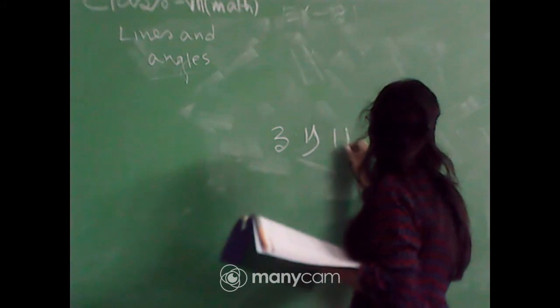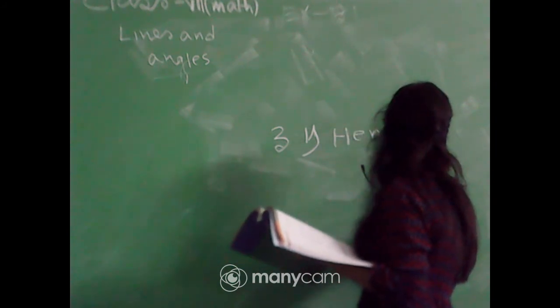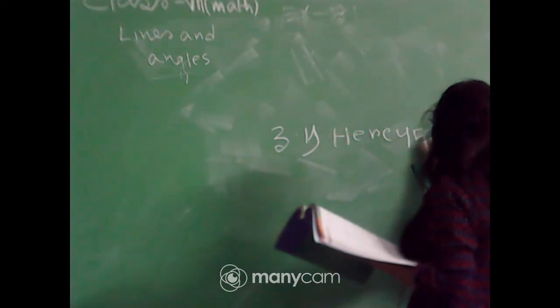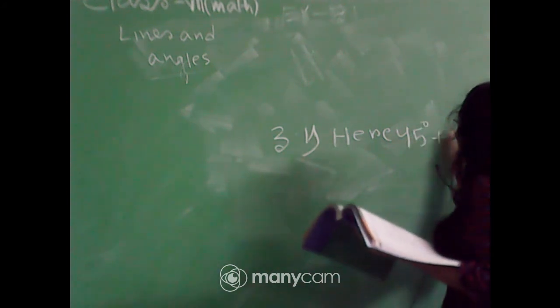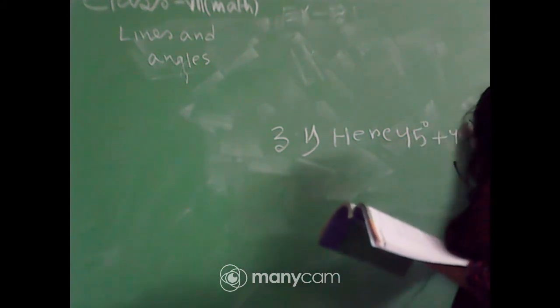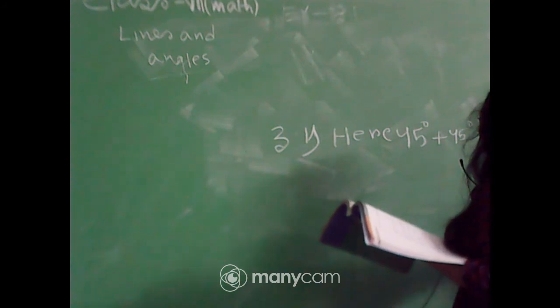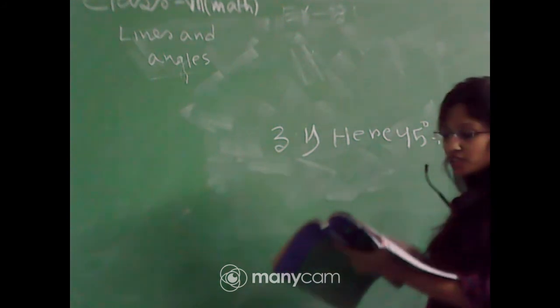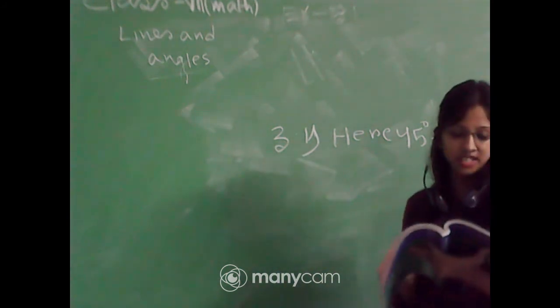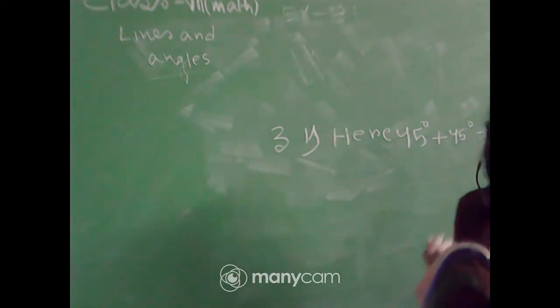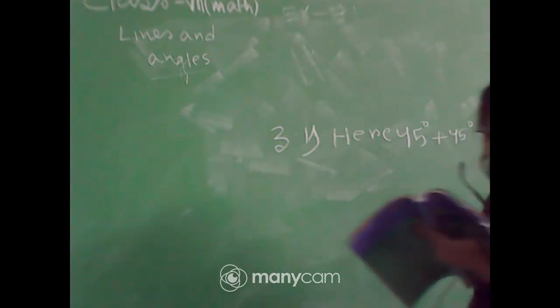Here 45 degree plus 45 degree is equal to 90 degree. Therefore, the angles are complementary angles because their sum is 90 degree.